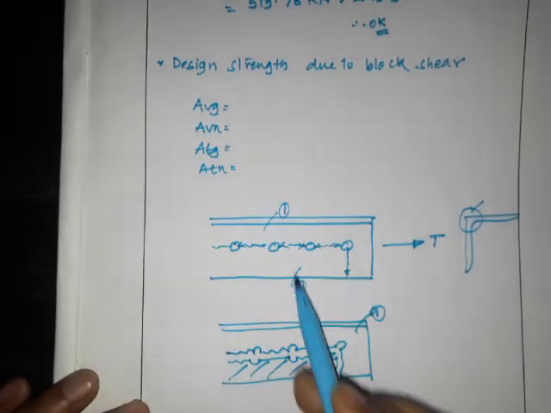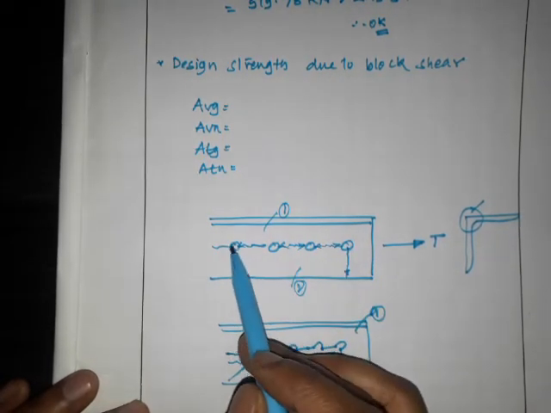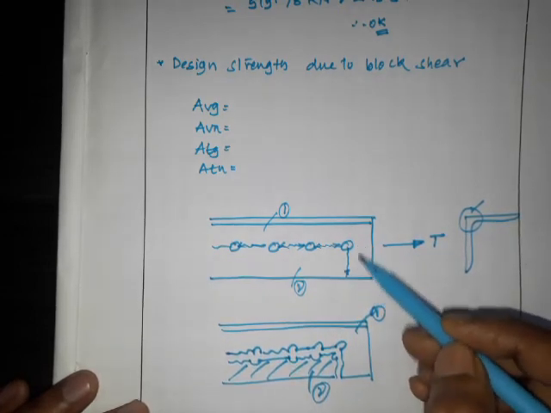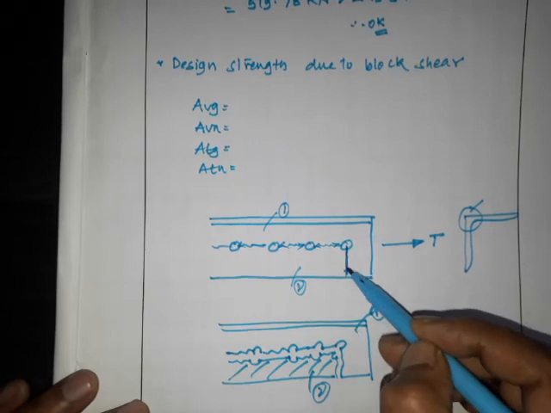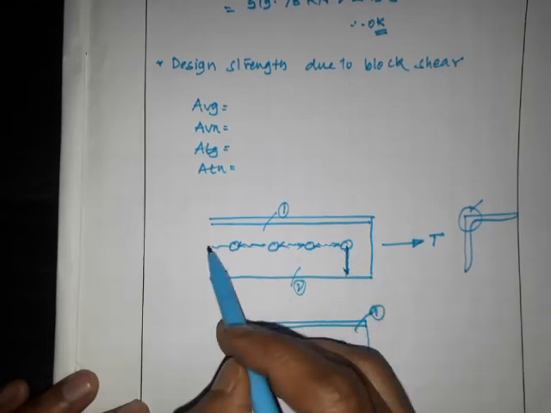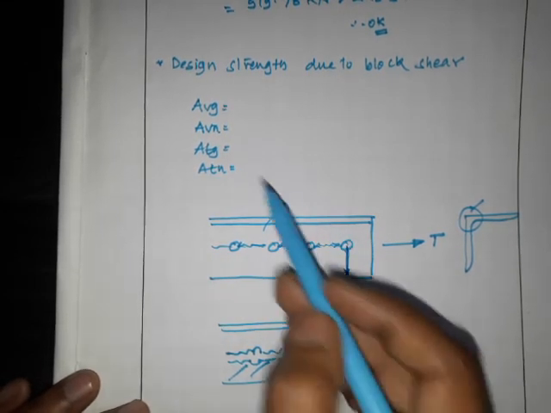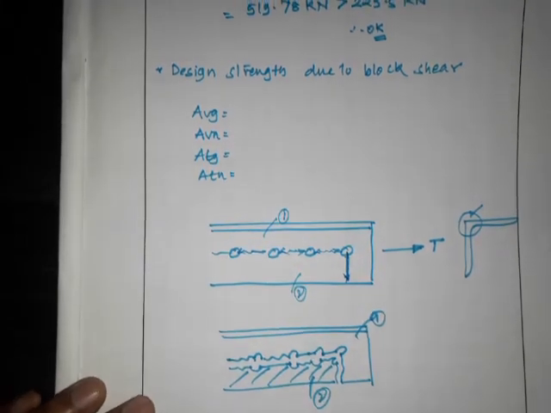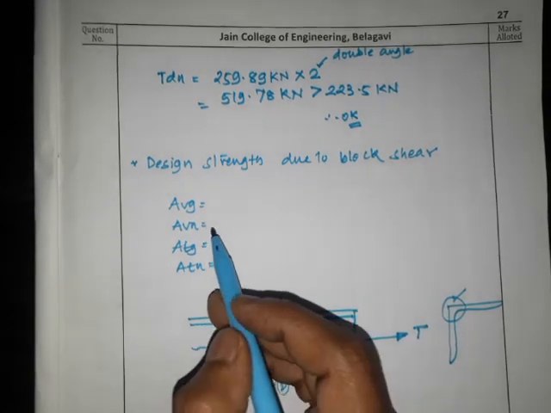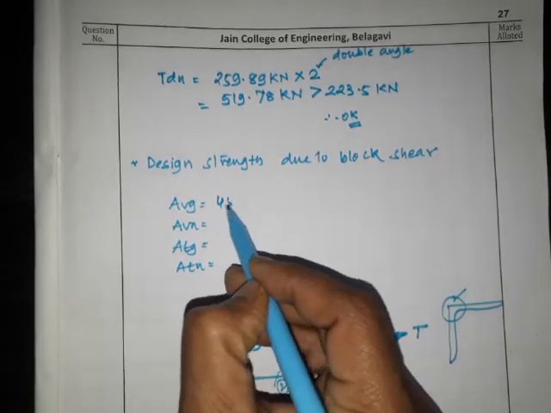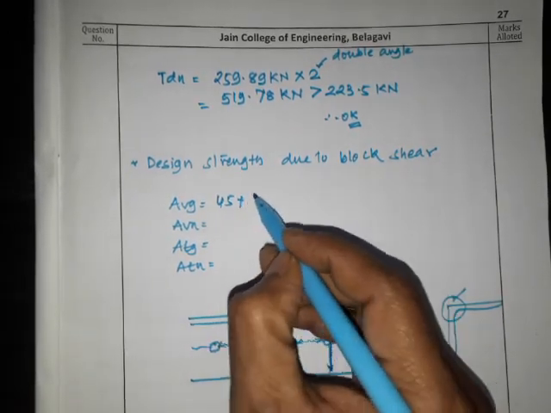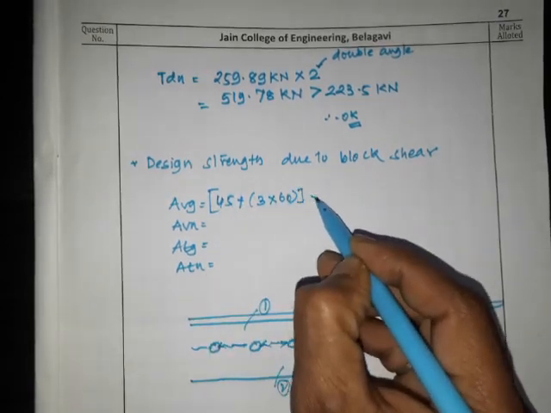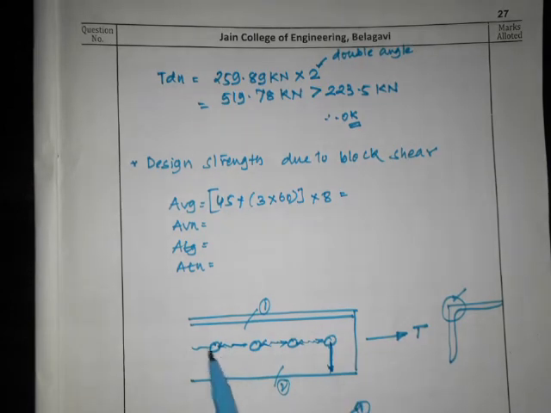So for that, AVG and AVN you have to consider along this path, and ATG, ATN along this path. So we have two paths here, one horizontal and one vertical. For horizontal you consider AVG, AVN, and for vertical you consider ATG and ATN. Here AVG will be 45 plus 3 times 60, into 8, the gross area.